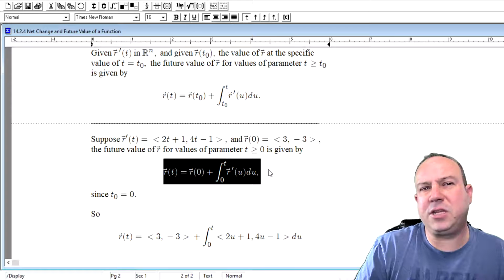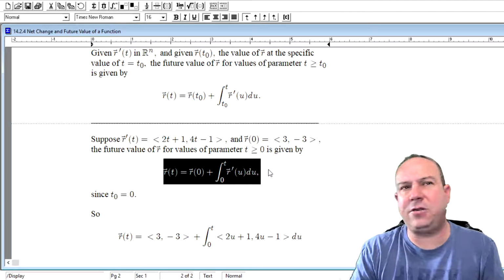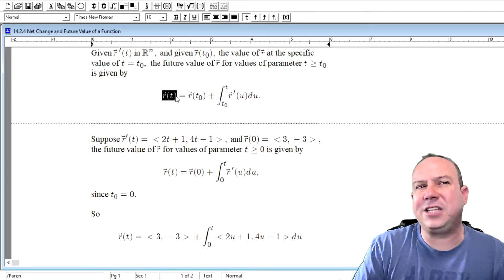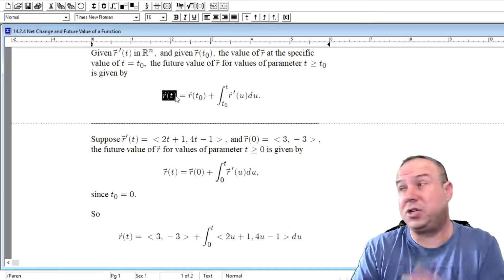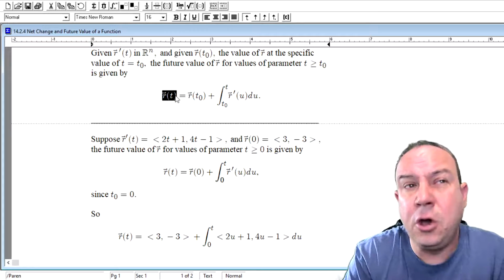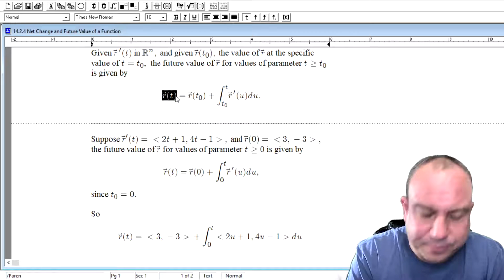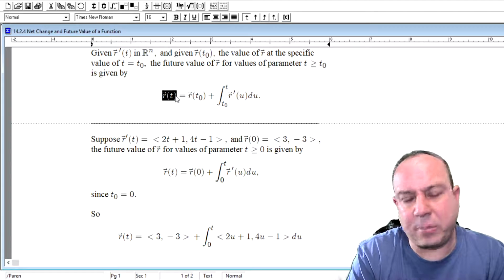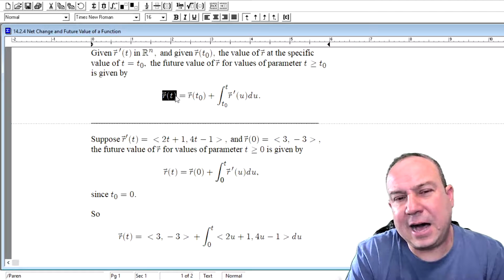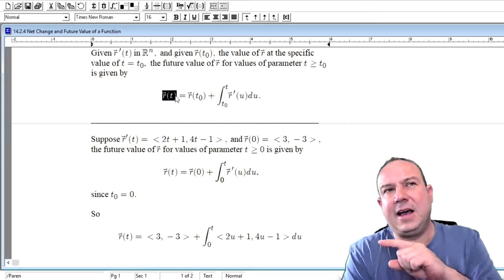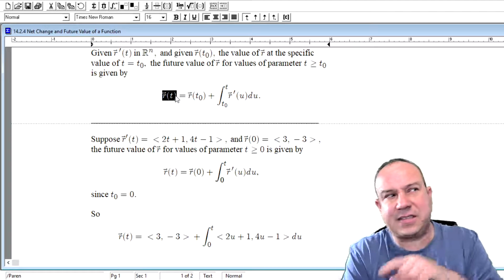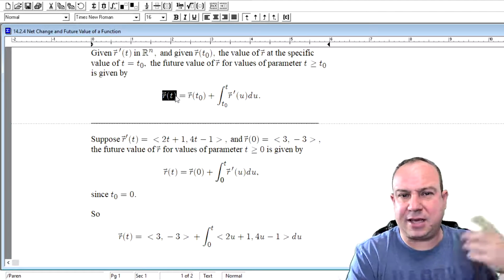That all can be put together into what we call this future value calculation, which will actually yield a description of the vector valued function whose rate of change you have the description of. This, again, remember, is useful in conversion from acceleration to velocity and velocity to position back in calculus and just motion in linear space.